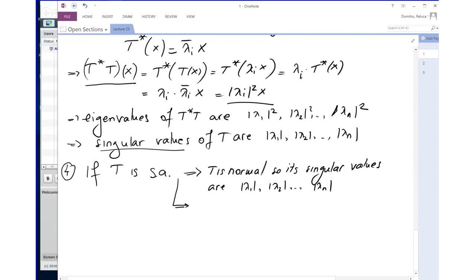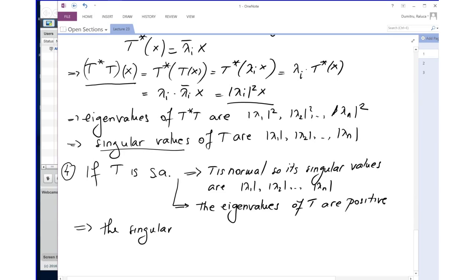However, being self-adjoint also implies, as we've seen last time, I think, that all the eigenvalues are real. So there is no need to take the absolute values above, right? So you just get back the original eigenvalues. So in conclusion, the singular values of T are just the eigenvalues of T.